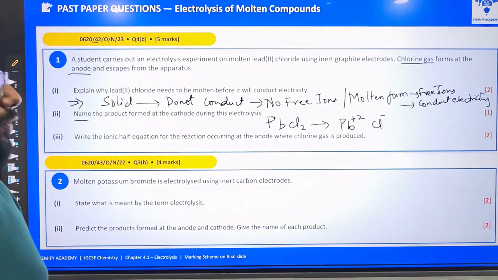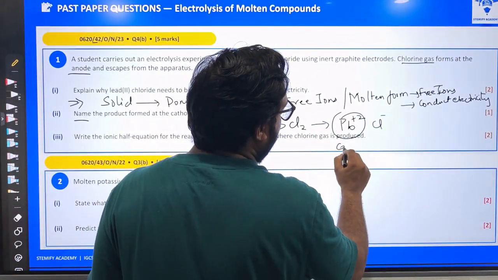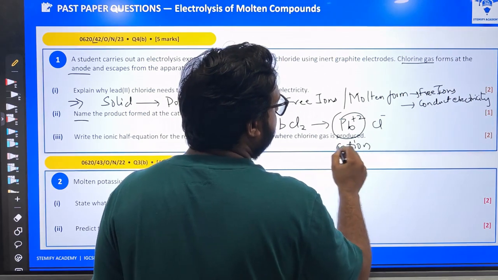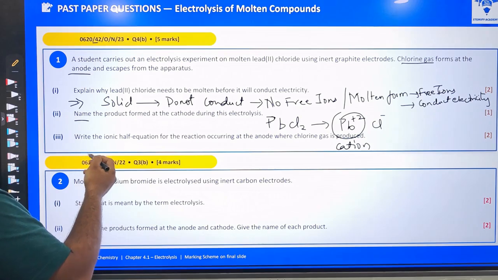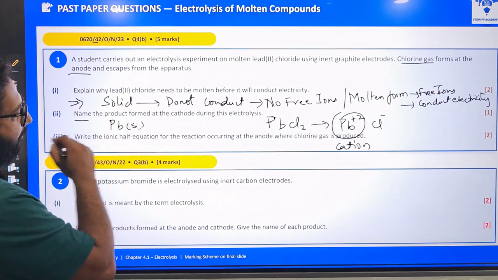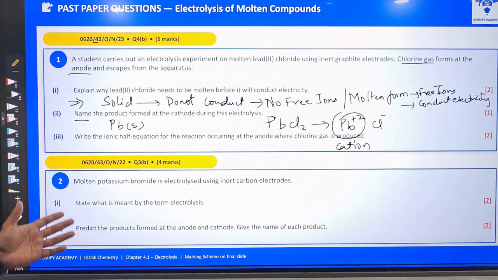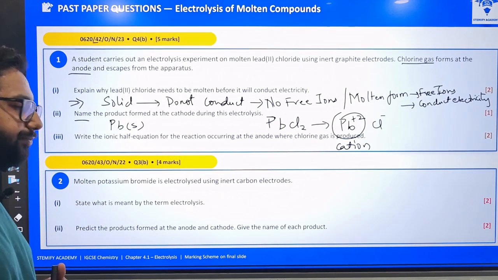So, by seeing this, we can say that this is the cation. So at cathode, cation gets attracted. So at cathode, we get lead, Pb solid, right? So Pb solid is obtained at the cathode as metals are deposited at the cathode.